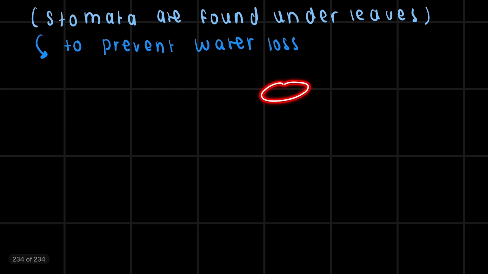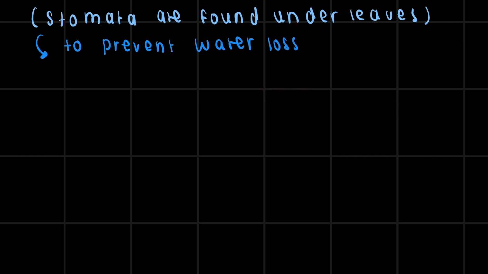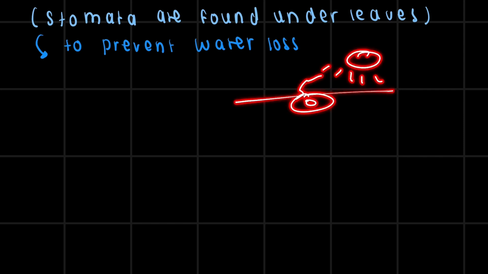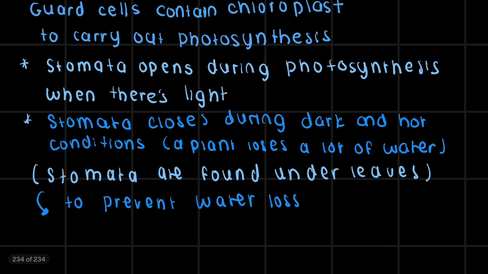Because if stomata are on the top, there's the sunlight, and when the stomata is open, the water will evaporate quickly, so the water will be lost easily. But if it's on the bottom, they're not exposed too much to the sunlight, so it takes a long time for it to fully evaporate and lose its water.